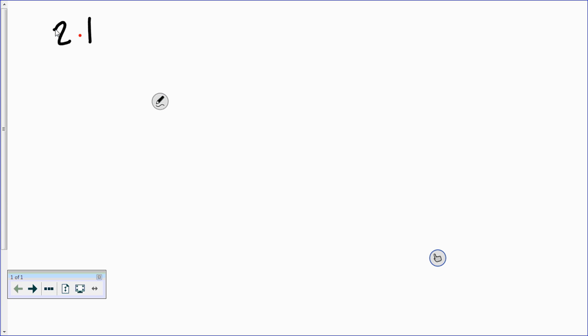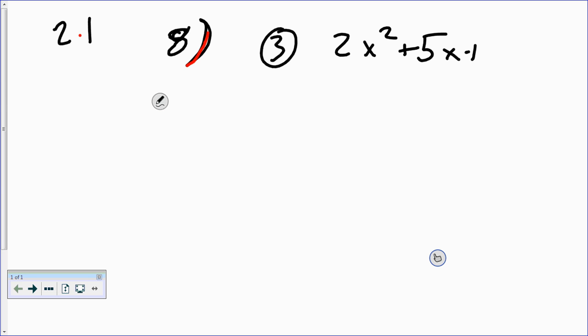Which one is a trinomial? This is question number 8. It says which one's a trinomial. Again, number 3 is going to be your correct answer, because it's 2x squared plus 5x plus 3.